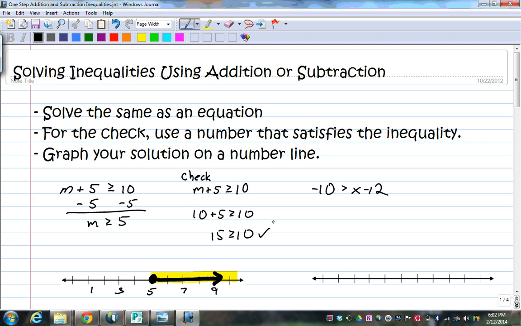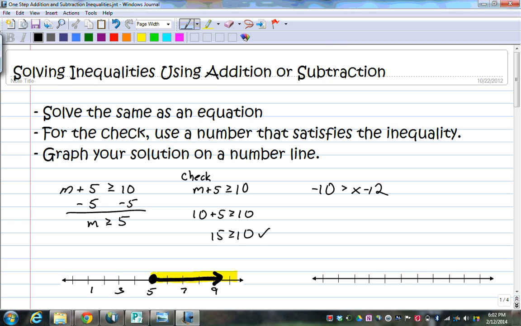That is a true statement as well, because 15 is greater. This will throw some people off, because with equations, you're used to getting the same number on both sides, and with inequalities, that's not necessarily the case.